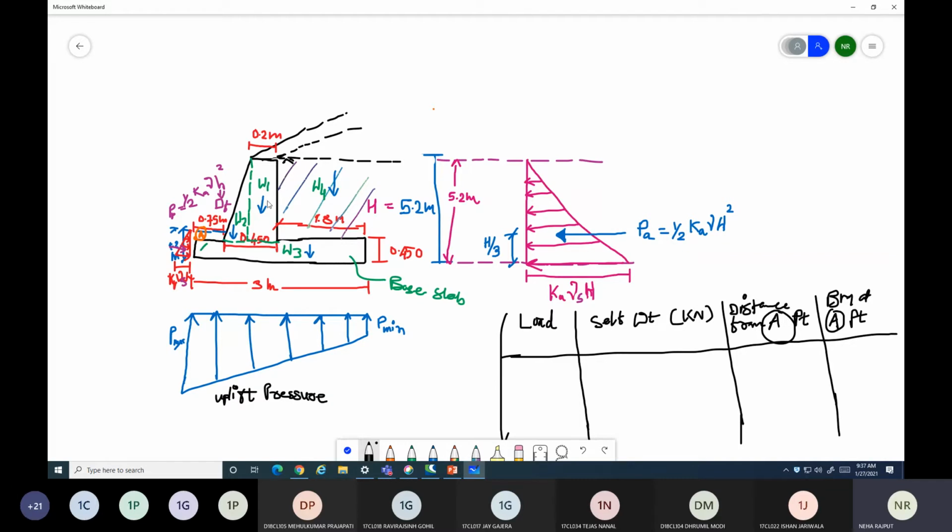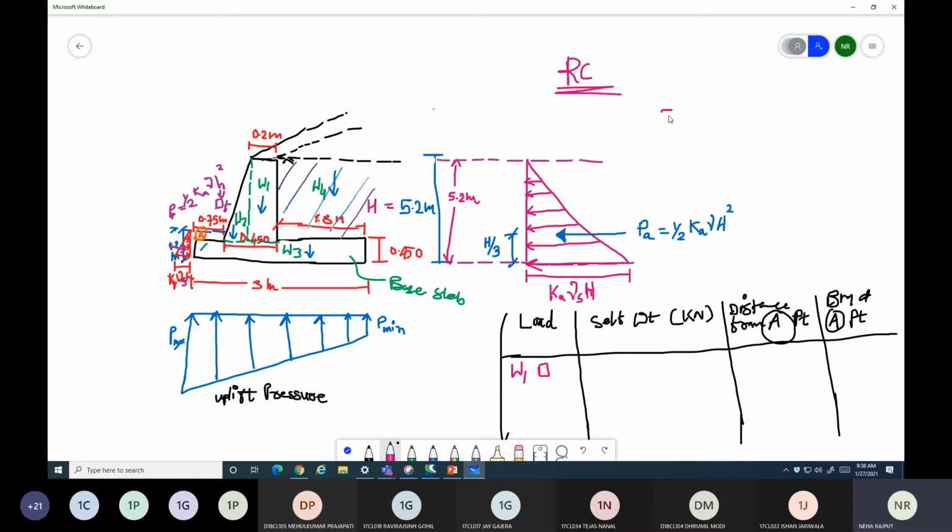Now the very first load is W1. So here you can write W1, and you can draw the area also, rectangle area. Now this retaining wall is reinforced concrete member.